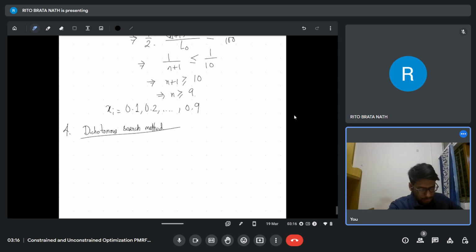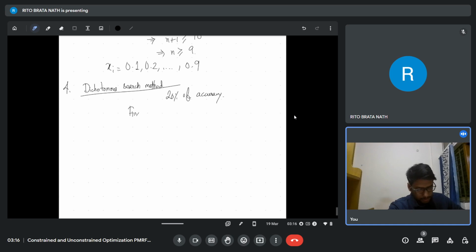Suppose here I am giving you 20% of accuracy, and suppose I tell you to find the number of iterations required. Let's try and do that.